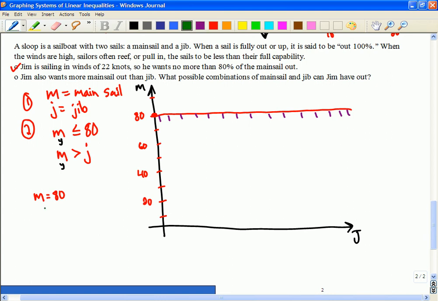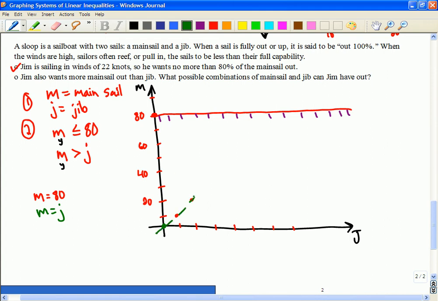Okay, the second line is M equals J, which looks like this. We start there, and it's going to have the same over 1, up 1, or whatever your scale is. So I can pick a point anywhere like over 10, up 10, over 20, up 20. So it's going to look like this.